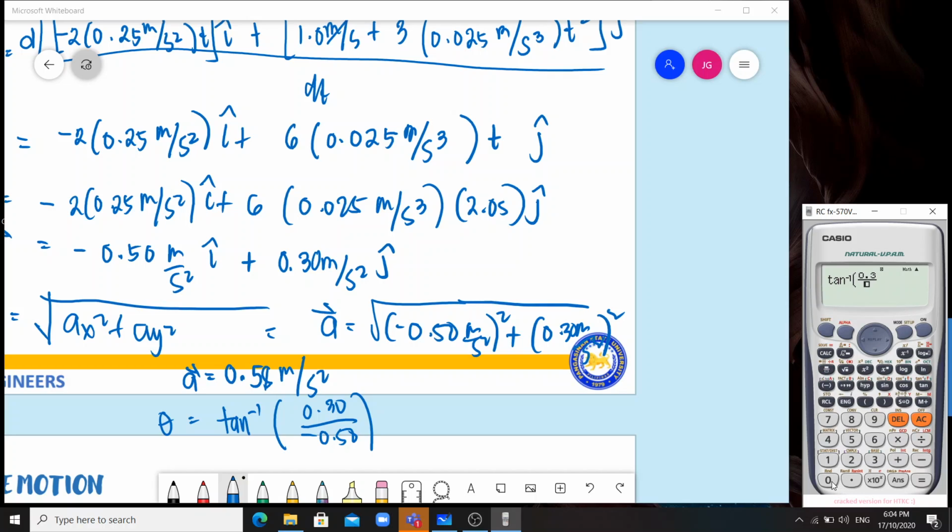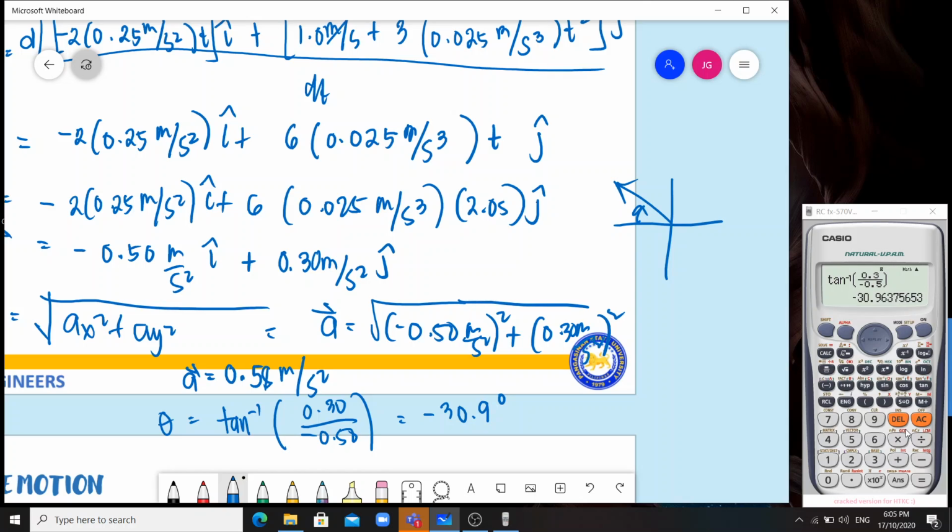Over negative 0.5. Okay. That is negative 30.9 degrees. Ayan. So, tingnan natin. Positive si x, negative si x, positive si y. So, dito siya banda ulit. Okay.